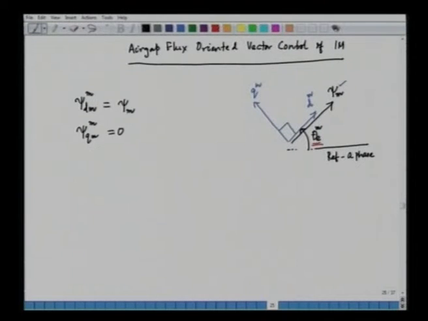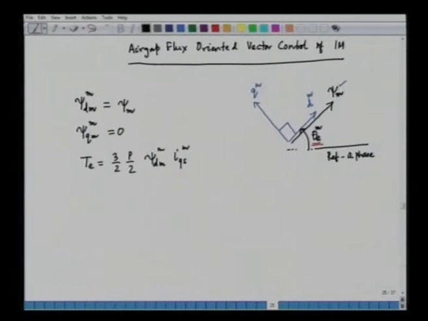So, this is what we have seen in the last lecture, and due to this, we have something like a DC machine like torque equation. The torque equation that we have seen, T e is equal to 3 by 2 into P by 2 into psi d m into i q s m, and this equation resembles that of a DC machine torque equation.